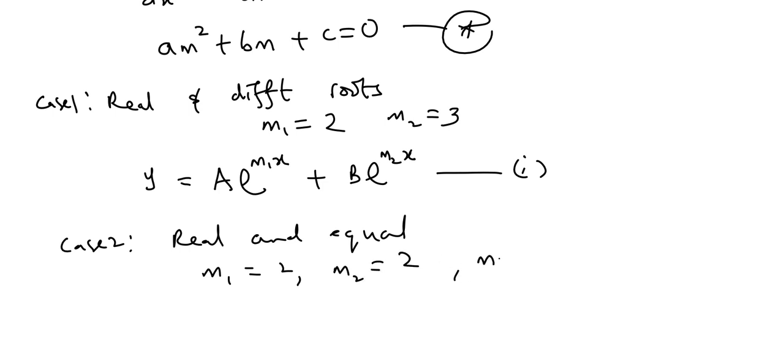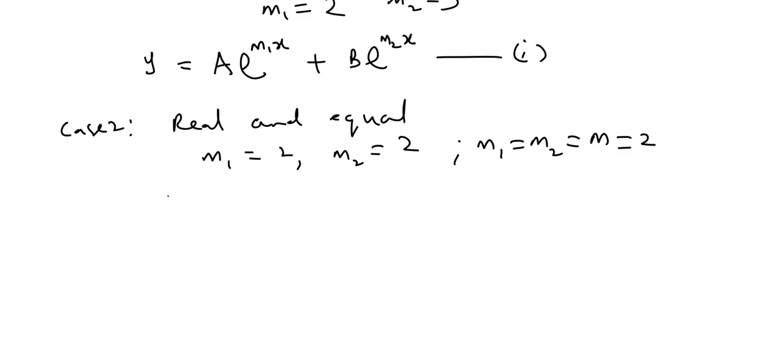So m1 equals m2 equals a constant m, which is 2. In that case, your solution will be exponential m x, into bracket a plus b x. These a and b are constants, and they are determined by the boundary conditions. For quantum mechanics, I'll tell you about the boundary conditions when we get to solving the problem properly.